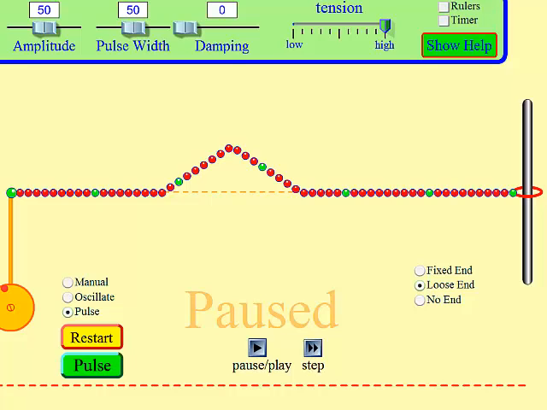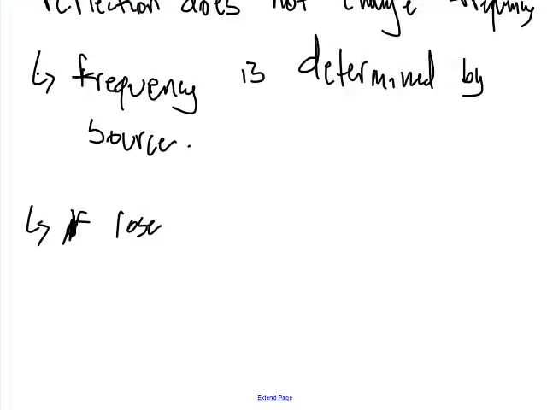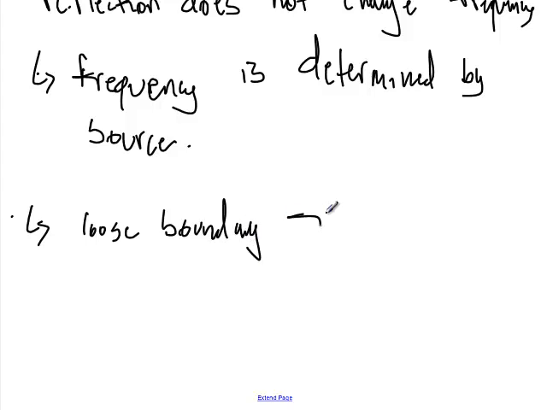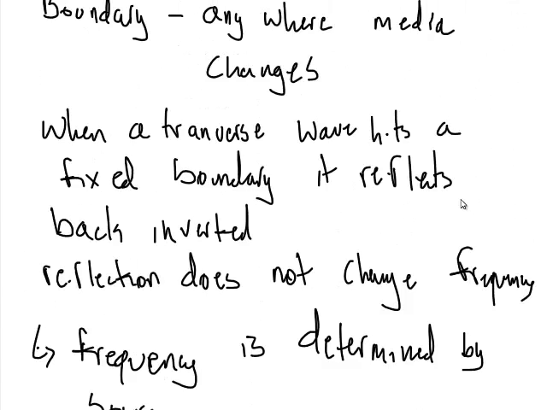The loose boundary means that it does not invert. So it still reflects, it just comes back on the same side. But again, frequency doesn't change, period doesn't change. That's for a transverse wave, or a wave on a rope, like a wire wave.